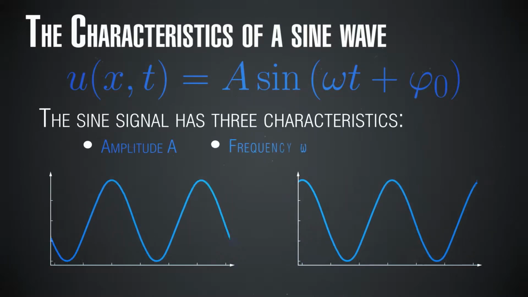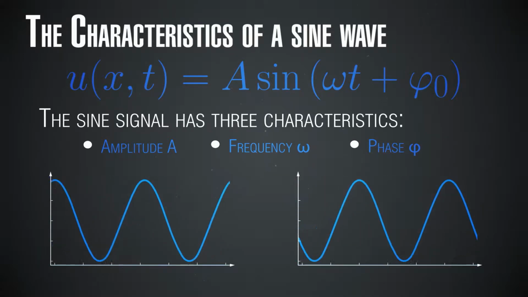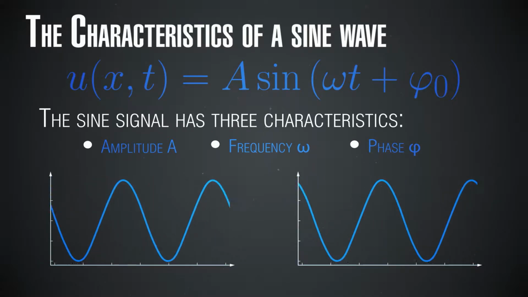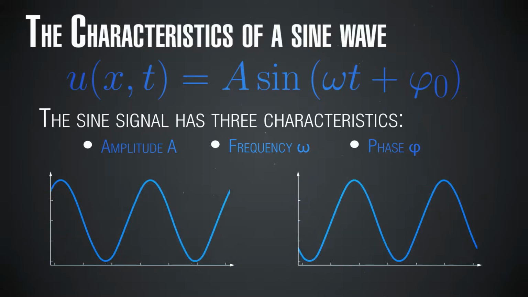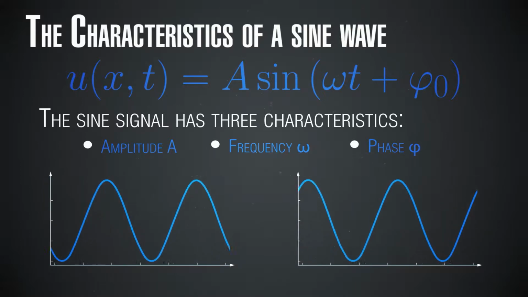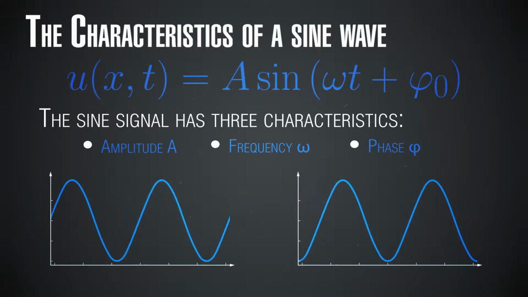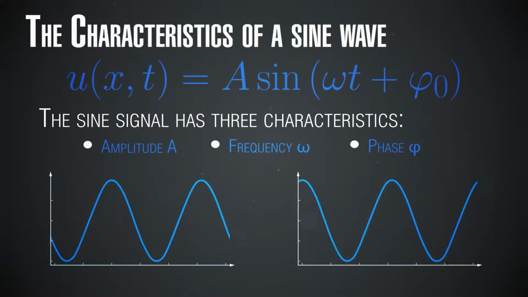And we know what the characteristics of a sine wave are. We already went through sine waves quite a while back, but I'm going to remind you quickly that a sine wave is uniquely characterized by its amplitude, by its frequency, and by its phase. So if we know these 3 numbers, we have completely characterized it, and these are the only 3 differences which we can have between sine waves.